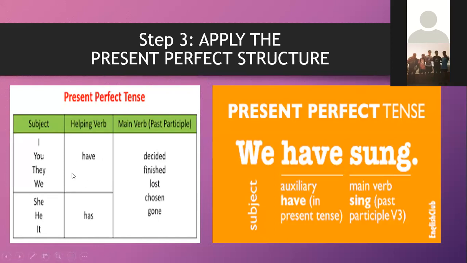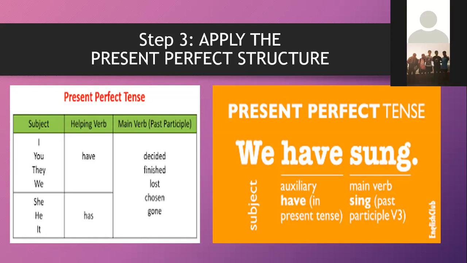Now that we have the difference between have and then we have selected the past participle of the verb, we are ready to put the present perfect together. So when you form the present perfect, we are going to use have and the past participle of the verb. But you have to remember the person.